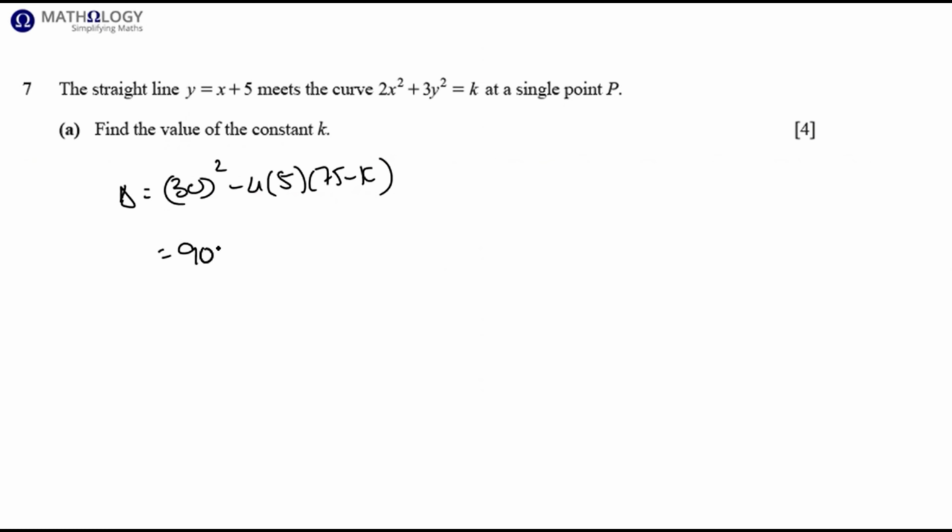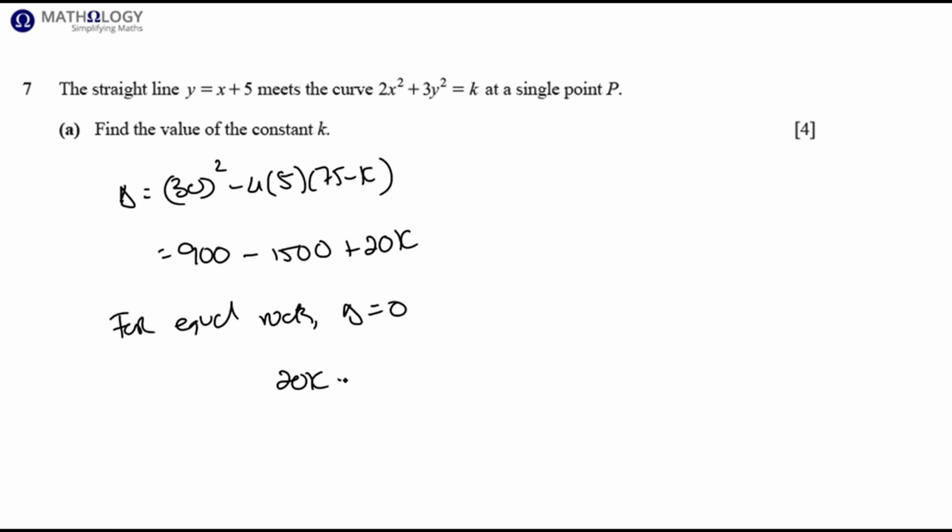So delta equals 900 minus 1500 plus 20k. And for equal roots, delta equals 0. So 20k minus 600 equals 0. 20k equals 600. k equals 30.